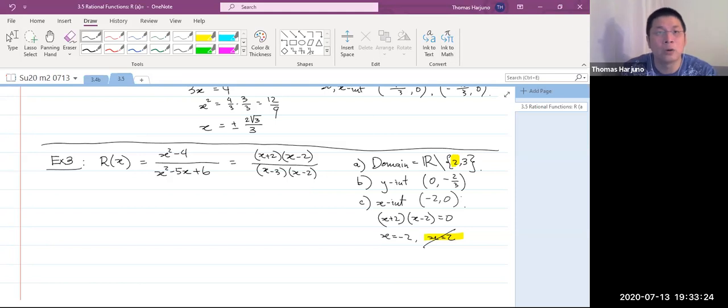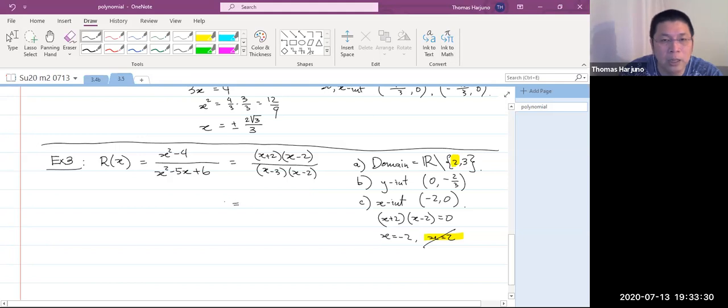Okay, now I want to go on a bit from this function here. We will say that this R(x) is equal to (x plus 2) over (x minus 3) for x not equal to 2, and it is undefined for x equals 2.